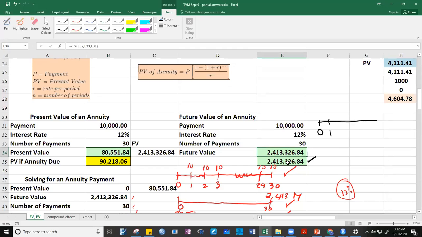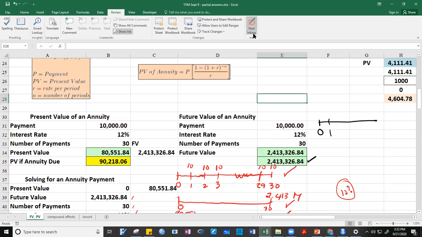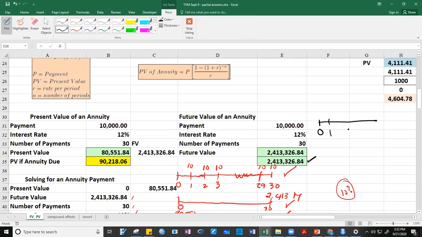Okay, ang sinasabi ko lang dito, ang ginamit natin yung annuity ng 10,000. Okay, sulat ko muna dito para clear tayo. One, two, three, hanggang 29, tapos 30.